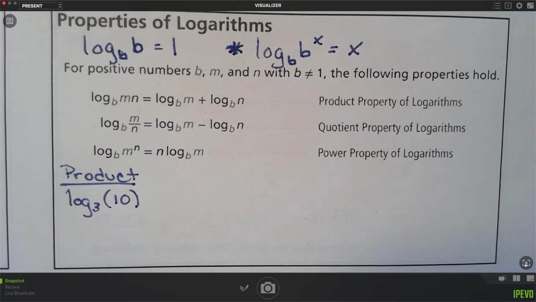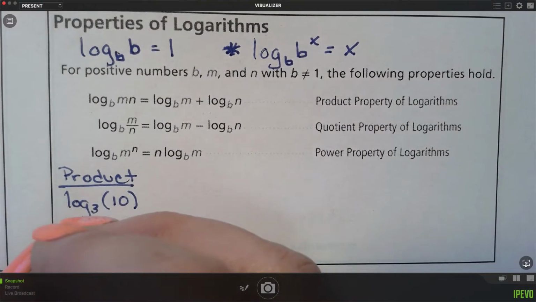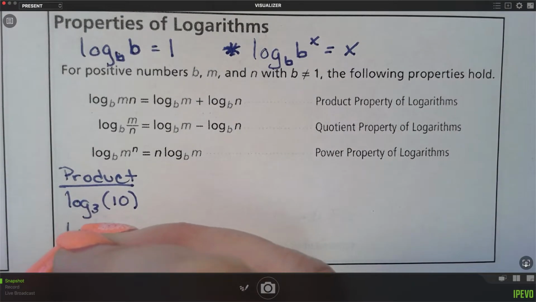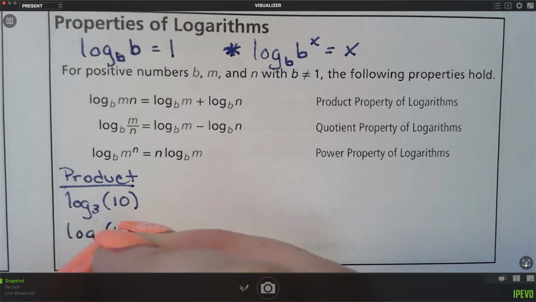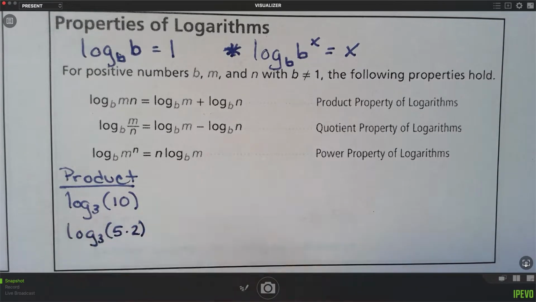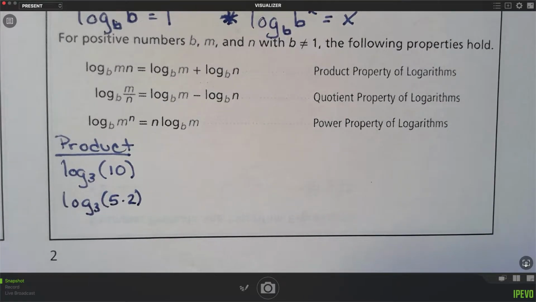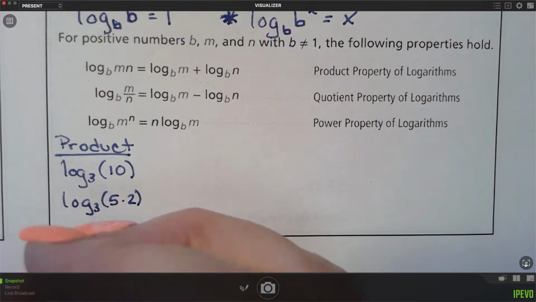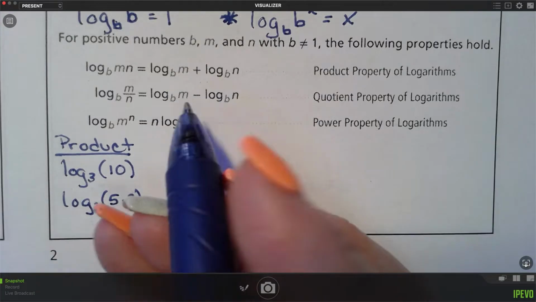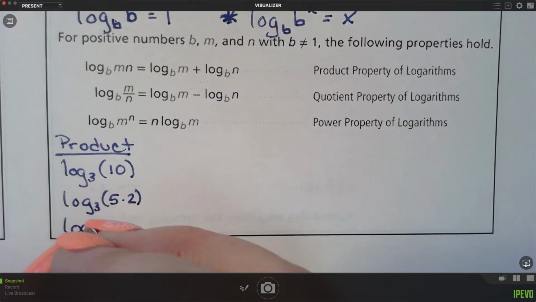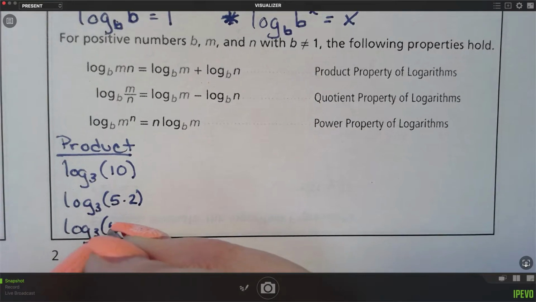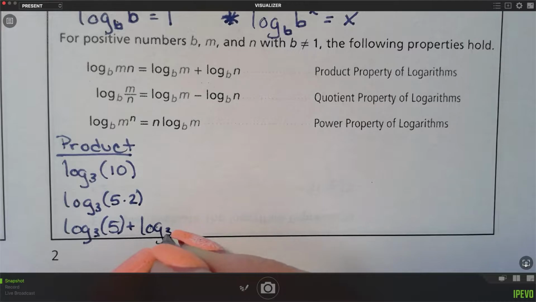Okay, so 10 is what times what? Okay, so what do we do with multiplication? Well, not powers, we add them. We just add it. So it would be log base 3 of 5 plus log base 3 of 2.